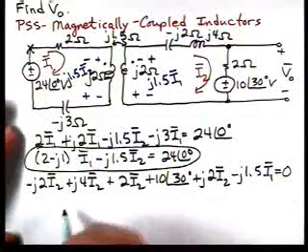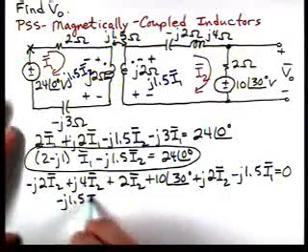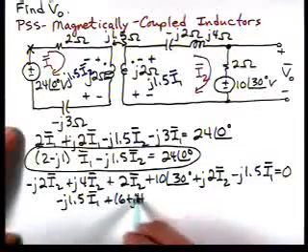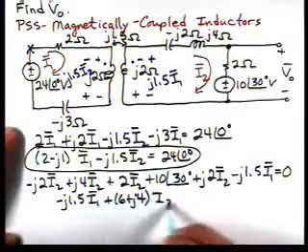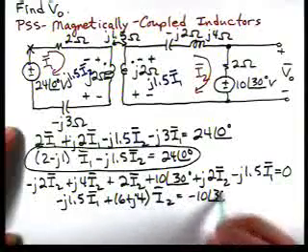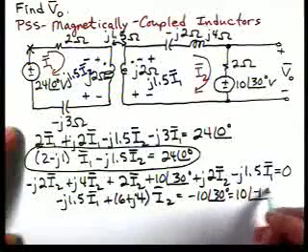Now, if we simplify here, we're going to have minus j1.5 I1 plus (6 plus j4) I2 is equal to minus 10 at an angle of 30, which is 10 at an angle of minus 150.